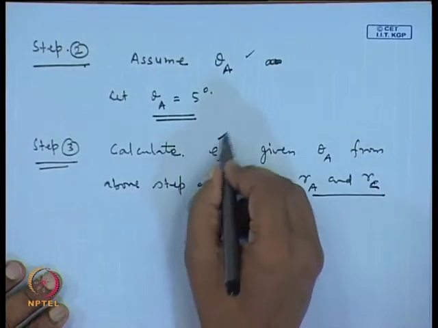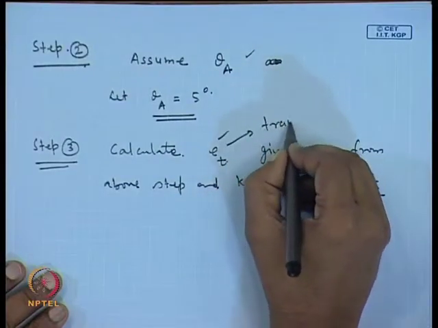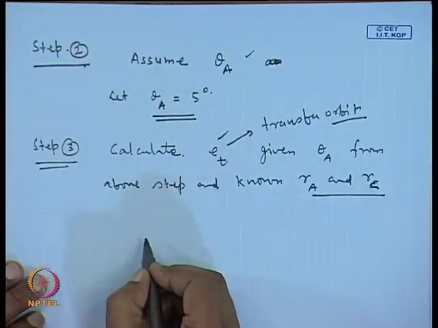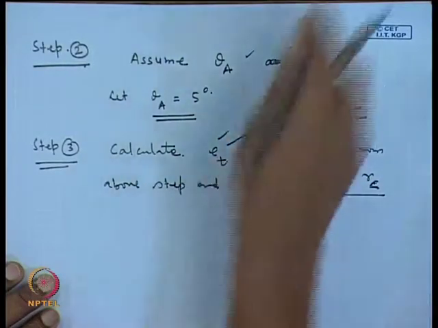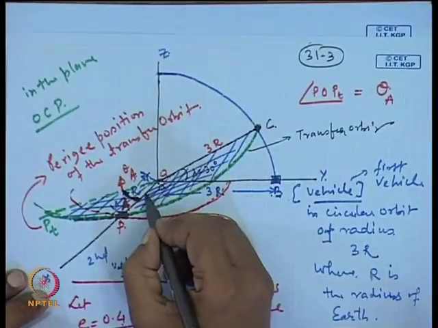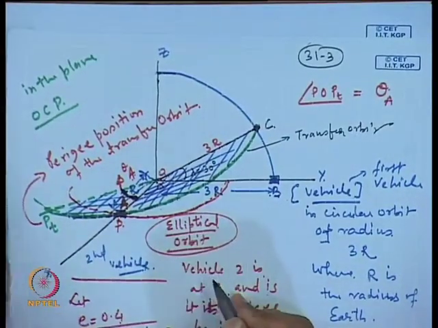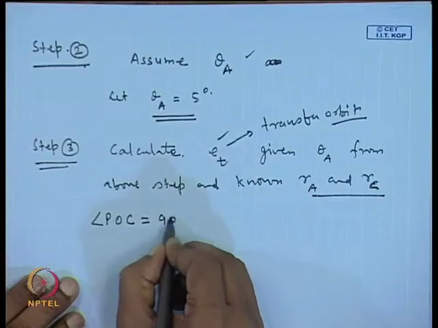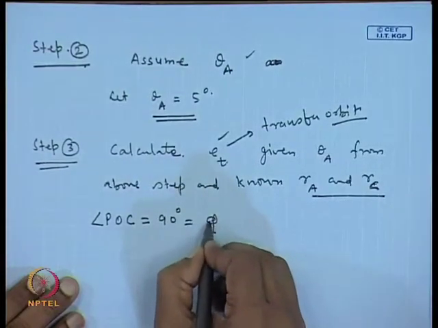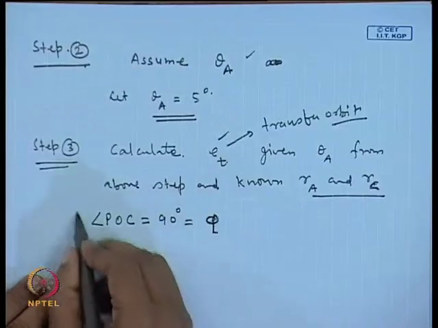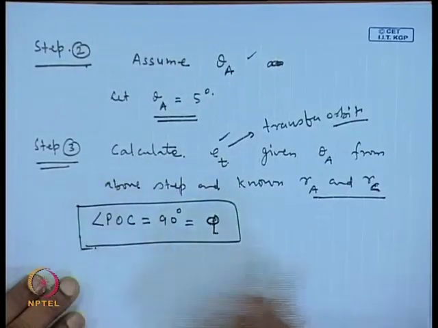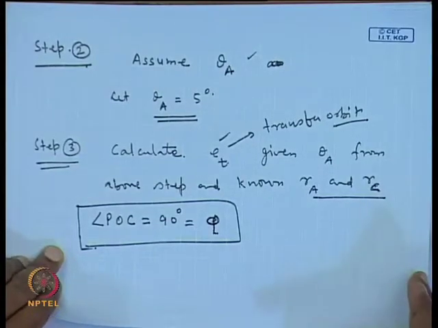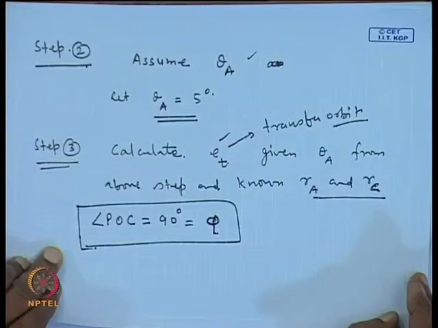So, this is for the transfer orbit, E t is for transfer orbit, and this angle from here to here. So, the angle POC we will show as POC is nothing but 90 degree, and this we will show as phi. So, OC is located from OP by this angle pi by 2 or 90 degree.